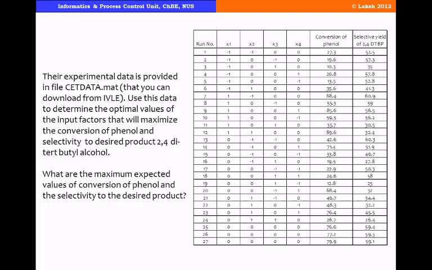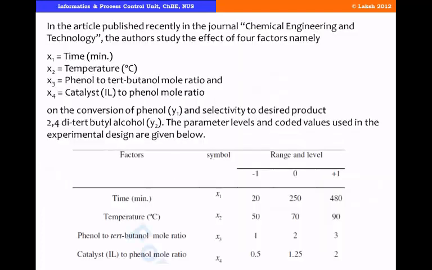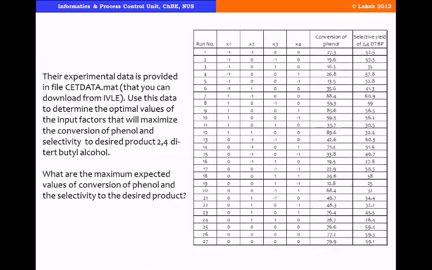So the reaction time is kept at 20 minutes, the reaction temperature is kept at 50 degrees Celsius, and you can see the phenol to tertiary butanol mole ratio and the catalyst to phenol ratio, those are kept at values like 2 and 1.25 respectively, because they are 0 in this first experimental run. And when this experiment was conducted, the conversion of phenol was 27.3%, and the selectivity was 52.5.